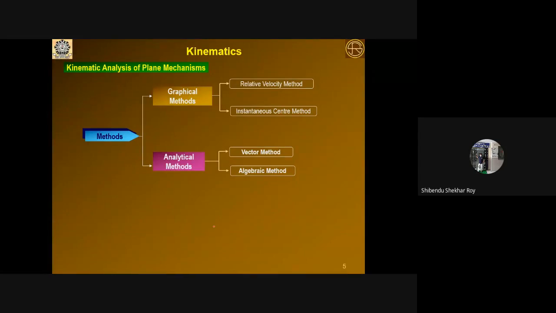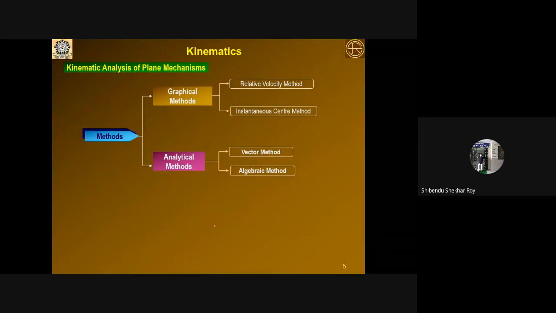So next, what methods can be used for kinematic analysis? The steps: first you have to draw the kinematic diagram by specifying the node points and node distances. After doing that, you have to use a methodology to solve the kinematics. So there are two methods: the graphical method, and the other one is the analytical method. Kinematicians proposed different types of graphical methods, like the relative velocity method, the instantaneous center method, or the I-center method.